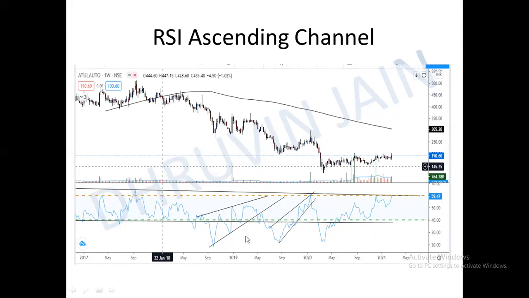Your channel lines need not be parallel in nature. It's okay if you want to use parallel channel lines or draw perfect channels, but know this: it could be a triangle sort of structure. We usually just name it a channel. So an ascending channel was made and it broke down. An ascending channel was made, the price continued its trend and it broke down.